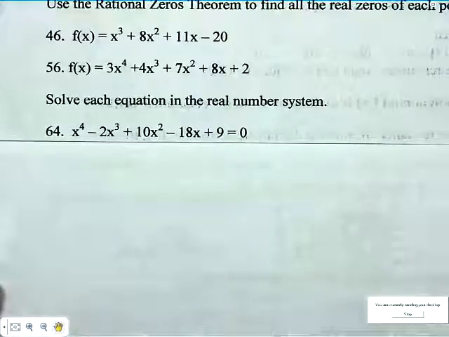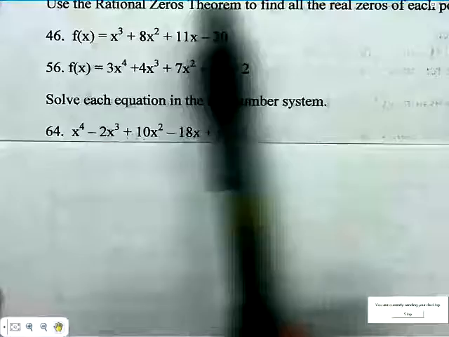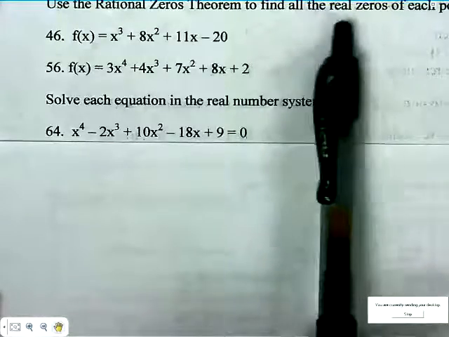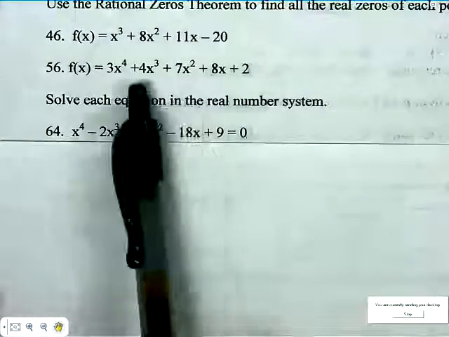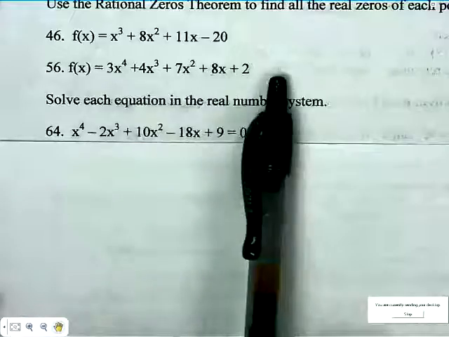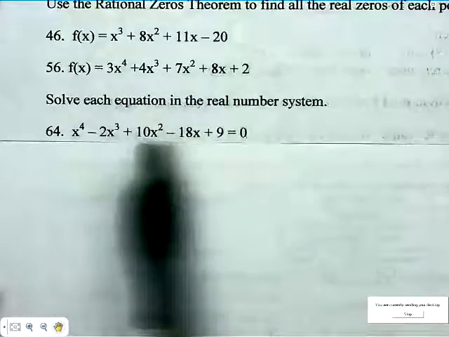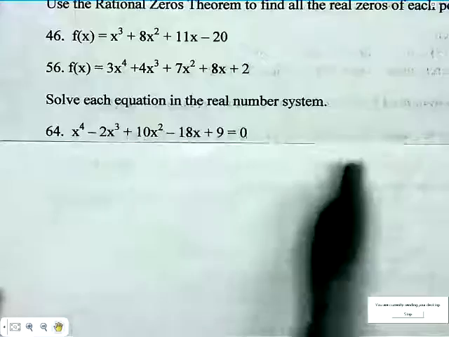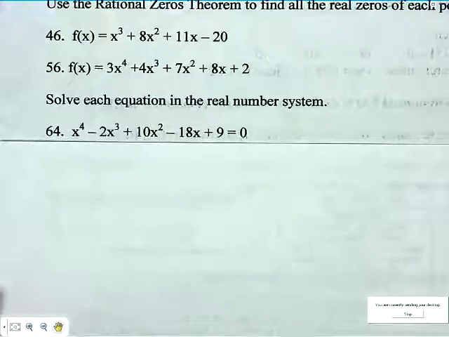But think about it. When these directions said find the real zeros, we got the real zeros by setting this equal to 0. That's exactly what this is. A polynomial set equal to 0. So I do it just like 46 and 56.